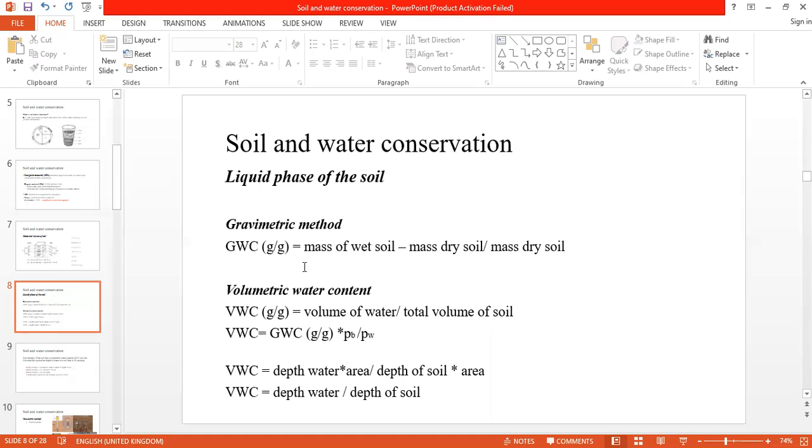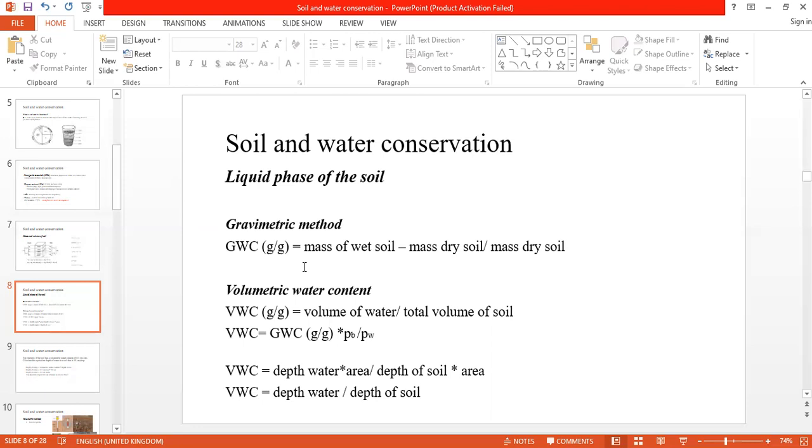With that, we have this gravimetric moisture content. Usually it's difficult for us to estimate anything from it. For example, at Zambia Sugar, when you're irrigating, you say we have irrigated so many millimeters of water, you use volume basis.